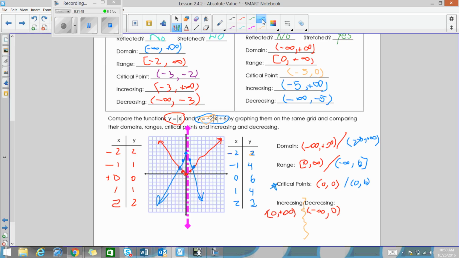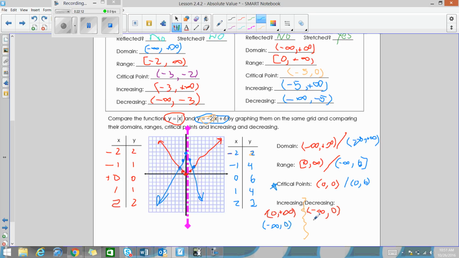Now, the blue, check this out. So again, look from left to right. The blue, because it's flipped, it's actually increasing first. So I'm going to go increasing from negative infinity all the way to 0, because that's what it's doing. You're caring about the x value, not the y value.